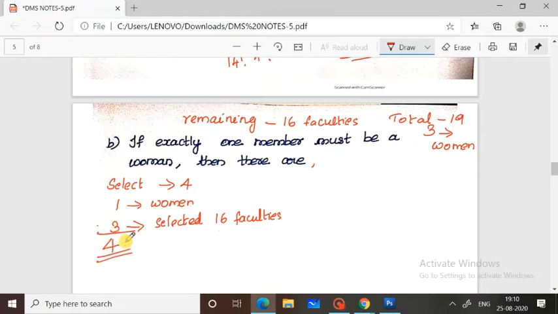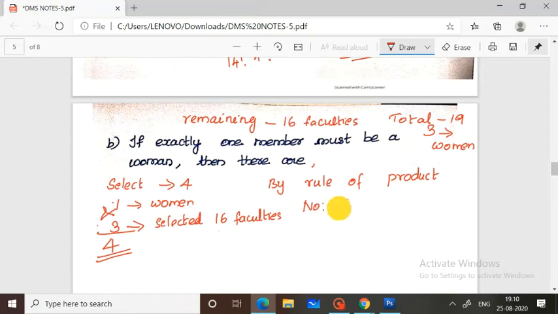So we need 4 means this first one and the second one has to be selected simultaneously. Then by using what? By the rule of product, both has to happen simultaneously.